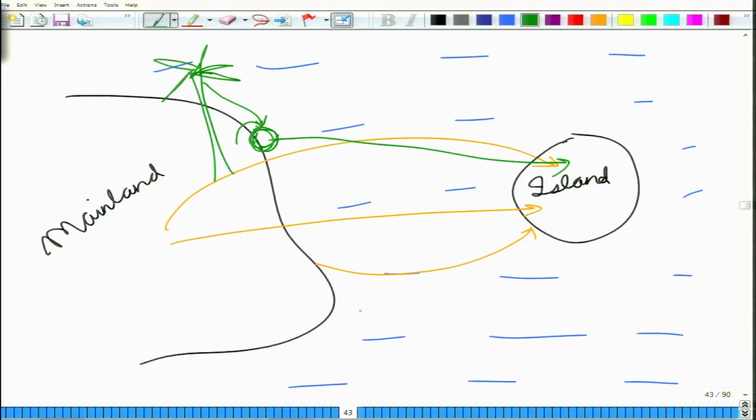Now if there is this coconut, and if this island is very far from the mainland, then it is possible that by the natural process of degradation, this coconut will end its structure here, and so the organism will not be able to reach the island. So nature has its own ways to facilitate the movement of organisms from one place to another, and also to limit the movement of organisms from one place to another. Now how are plastics influencing this?